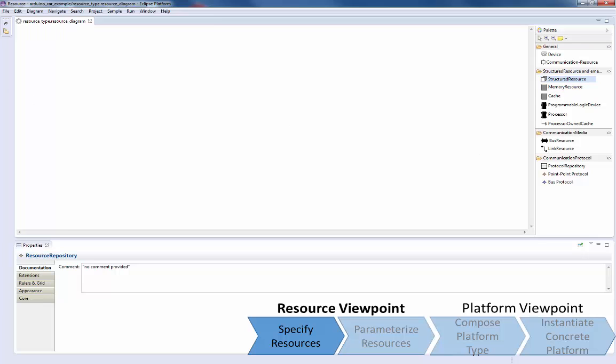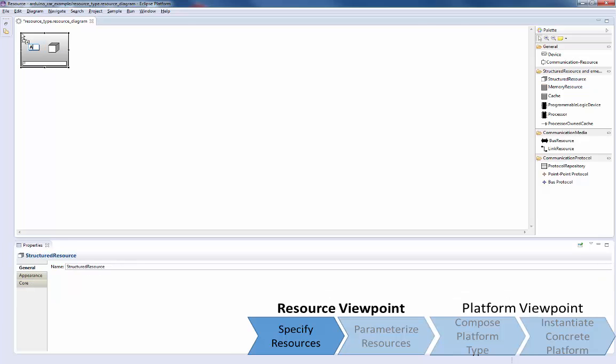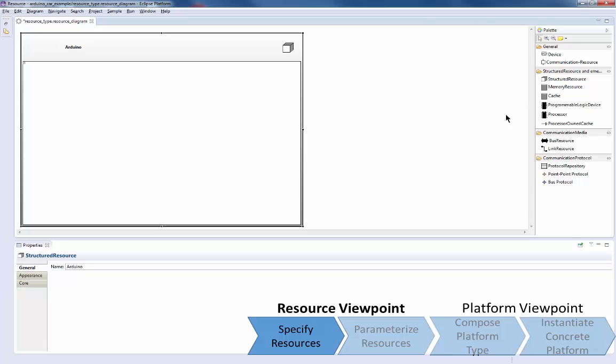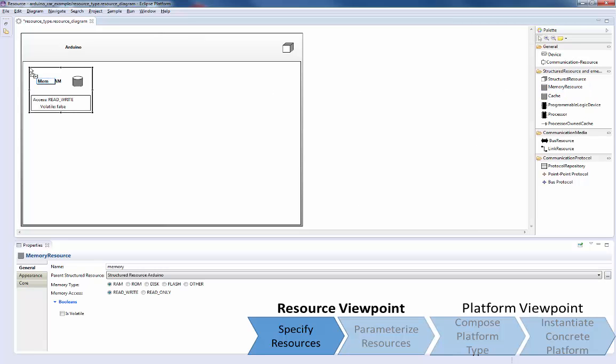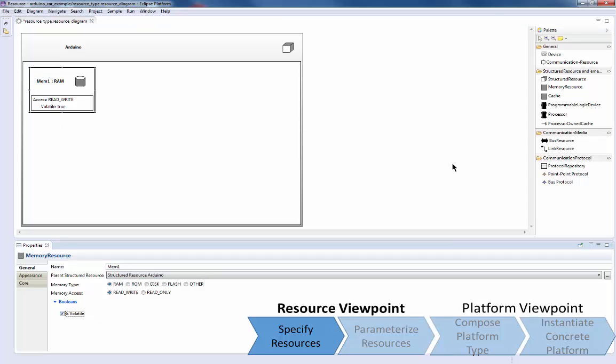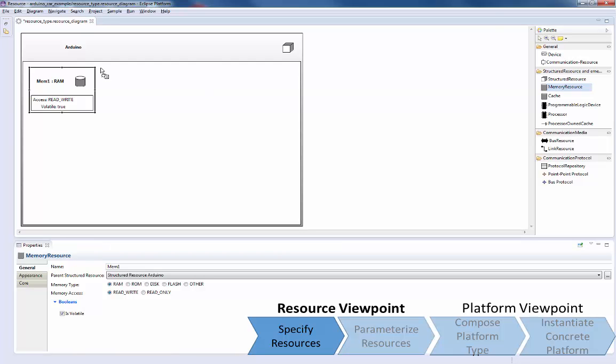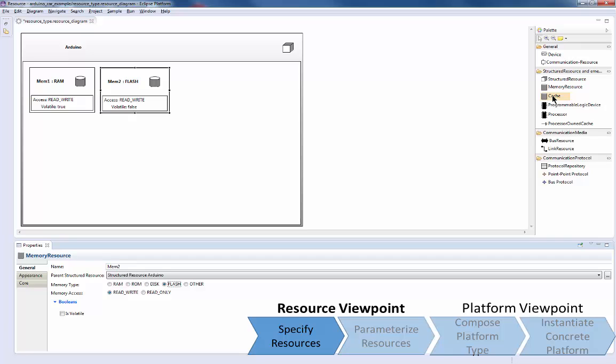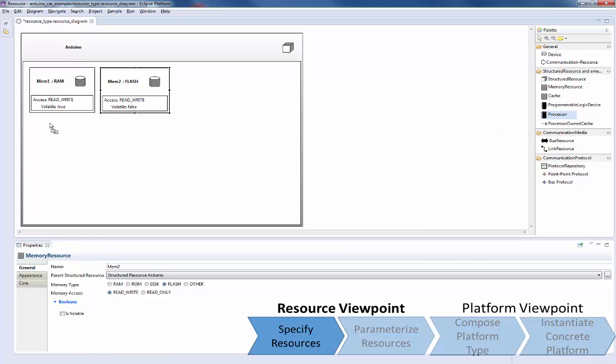First, we model the resource type Arduino. It consists of a memory of kind RAM and a memory of kind flash. Furthermore, it has an embedded ARM processor.